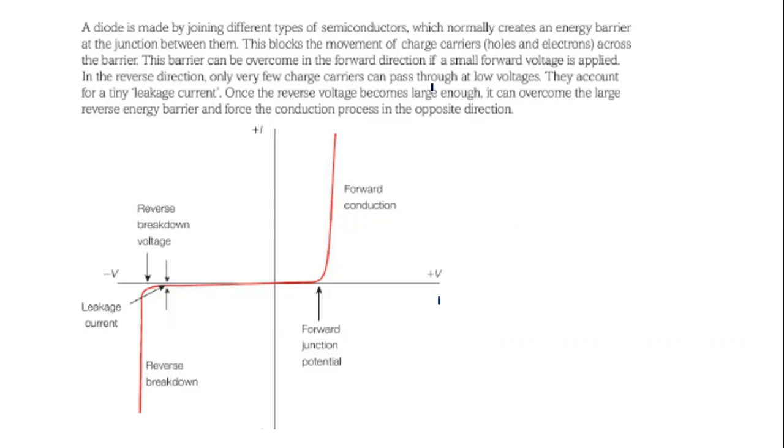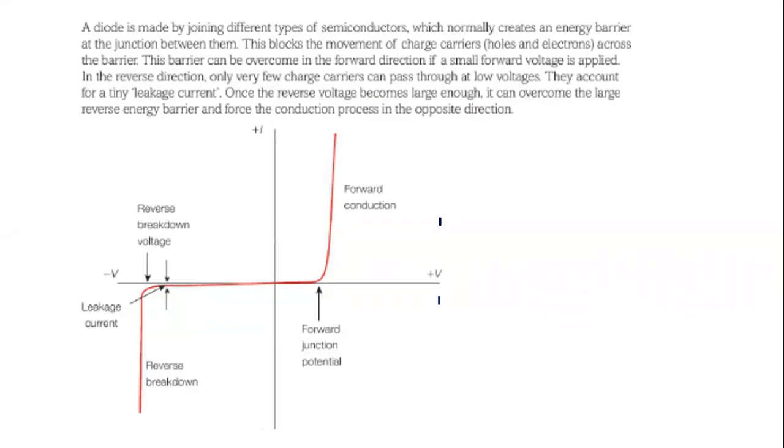A diode is actually made up of two different types of semiconductor, not just one. Normally, when you take two different types of semiconductor, it creates an energy barrier at the junction.